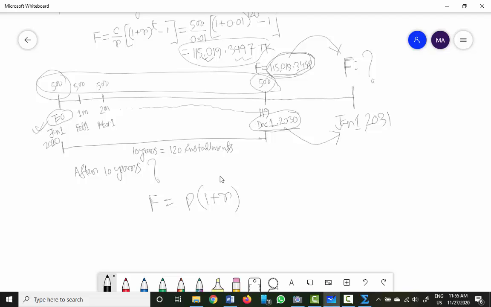Now you want to move this cash flow 1 month forward, so in that case we are going to use this formula.